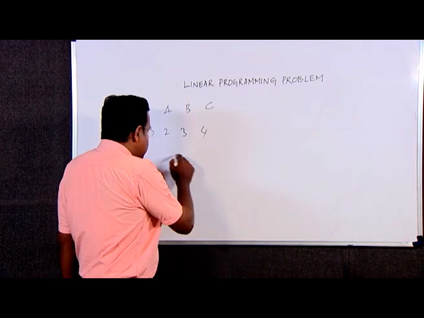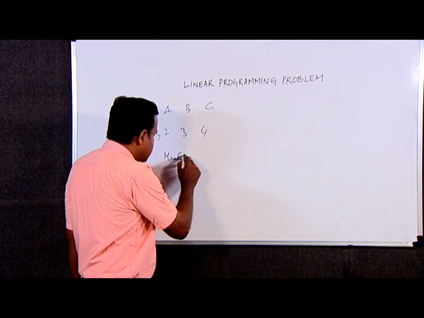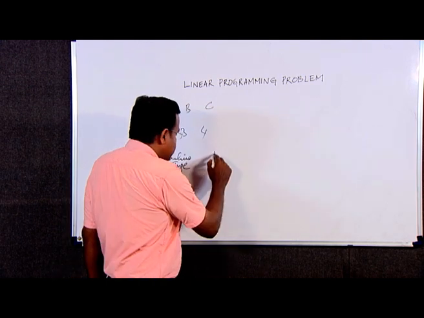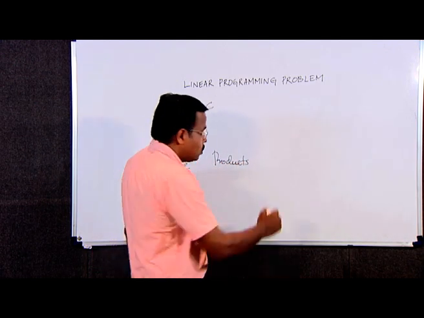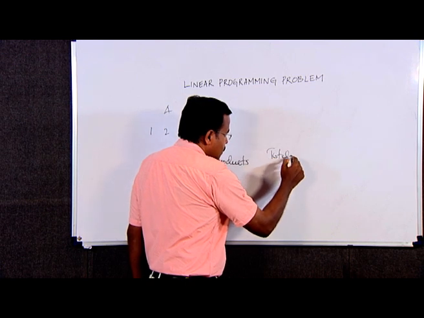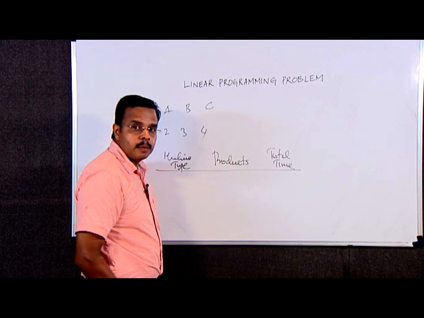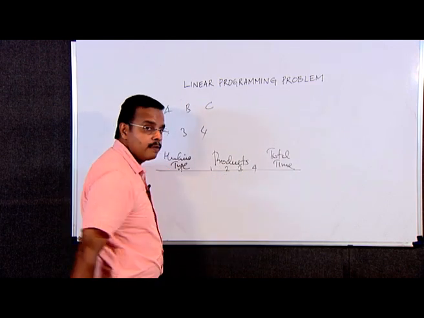It is given like this: machine type, then products, and total time. Here there are 4 different products: 1, 2, 3 and 4.